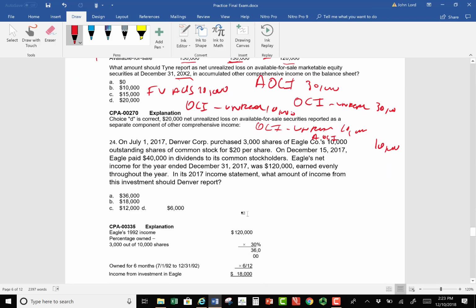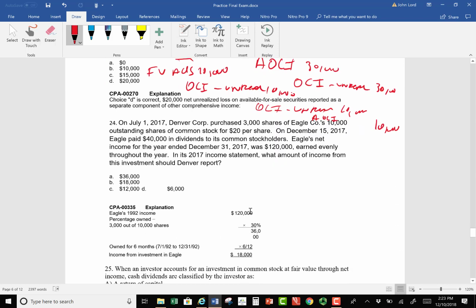Okay, good. Number 24. They purchased 3,000 shares of Eagle Company's 10,000 outstanding shares. Stop. Am I using the fair value through net income method, or am I using the equity method? Equity method, because we're well past the 20%.